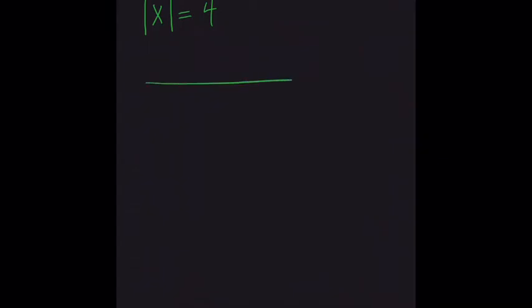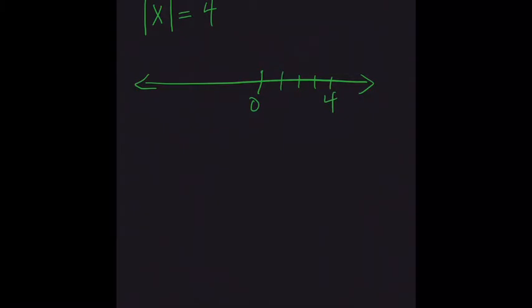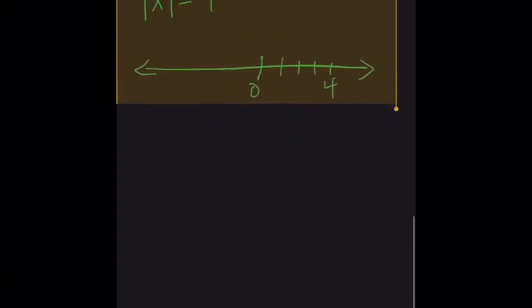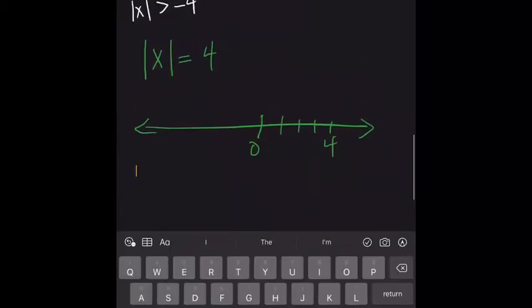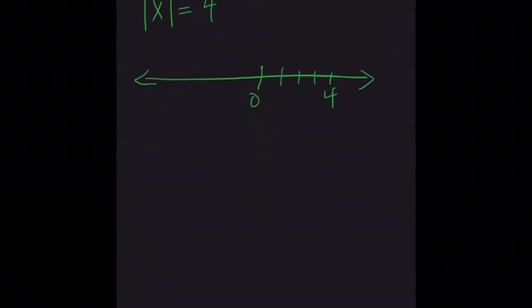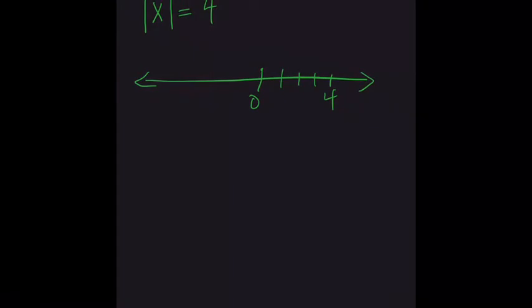Well, if the absolute value of x is 4, that means the distance from 0 to 4 on the number line. That's what we're talking about.